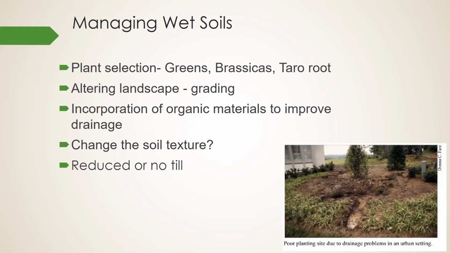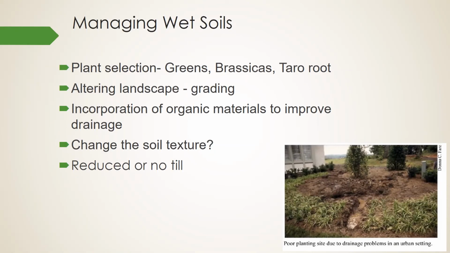We can use methods such as incorporating organic matter to improve the soil, diverting water to a rain garden, and even altering the landscape, but there still may be features about that site, such as being close to a water table.